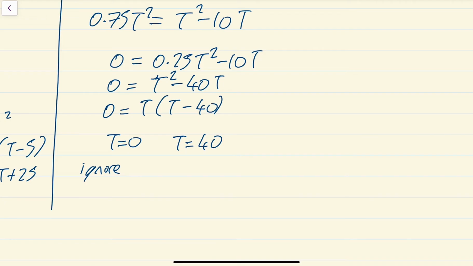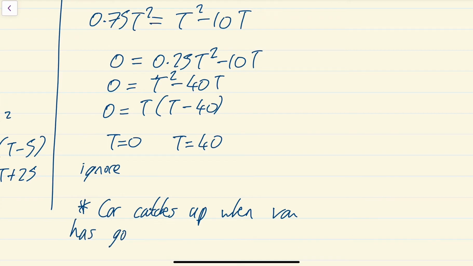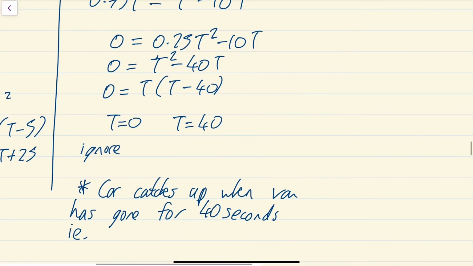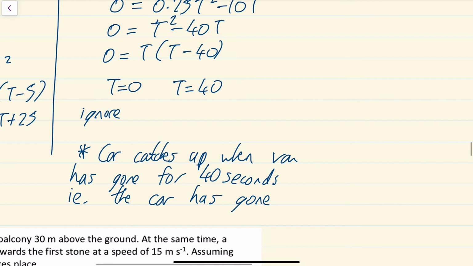So we'll just answer the question to say, car catches up when the van has gone for 40 seconds, i.e. the car has gone for 5 seconds less. The car has gone for 35 seconds.